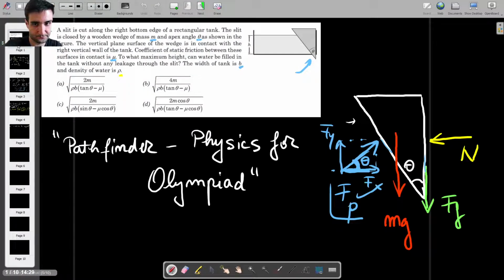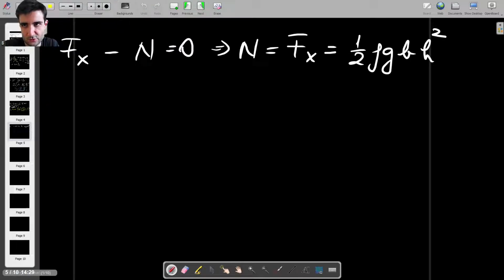Okay, now we only found what this force is in terms of other variables that we sort of know, but what we actually have to find is the depth h, okay? And to be able to do that, we have to look at the vertical equilibrium as well. So in the vertical direction, this is what we have.